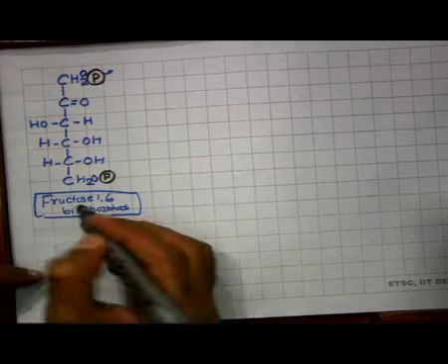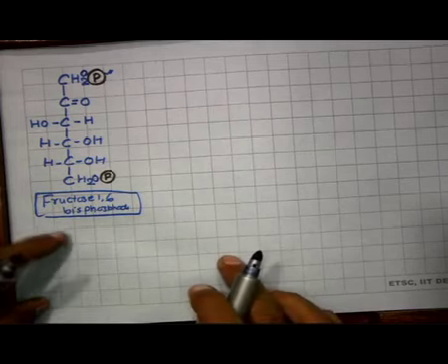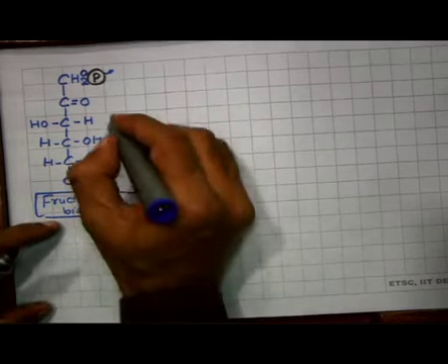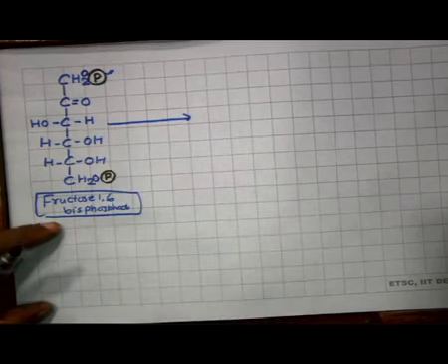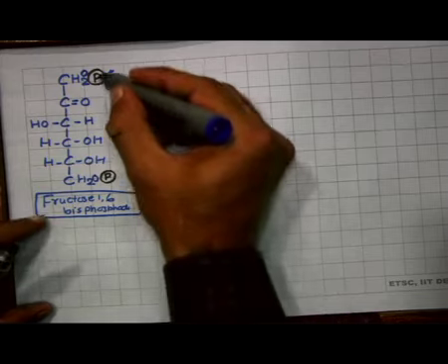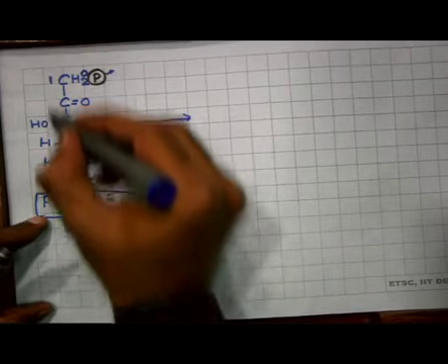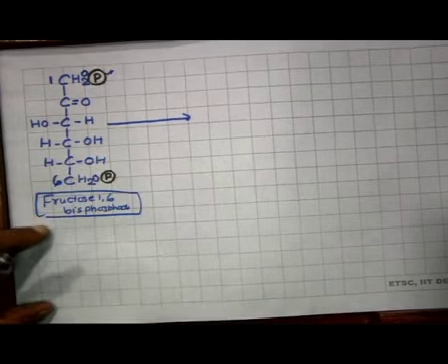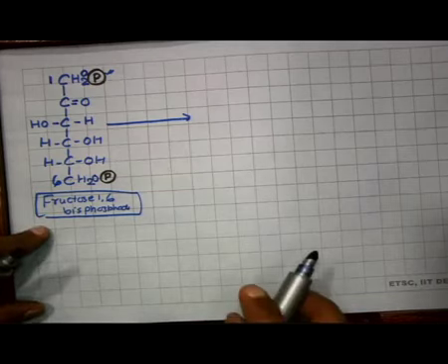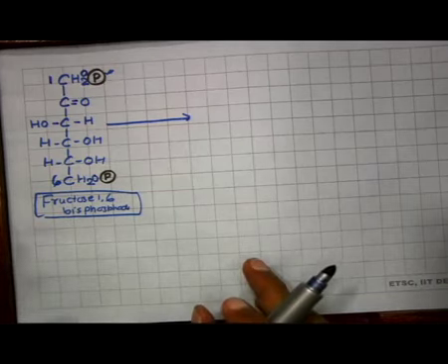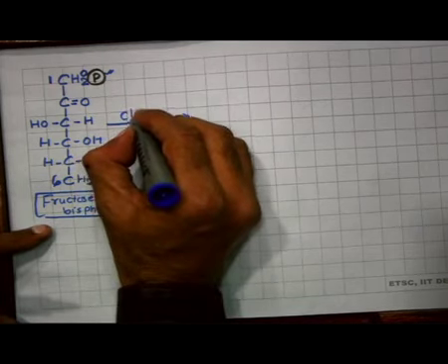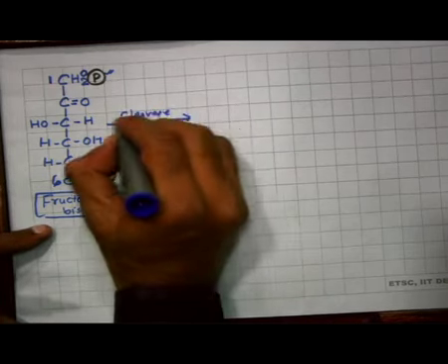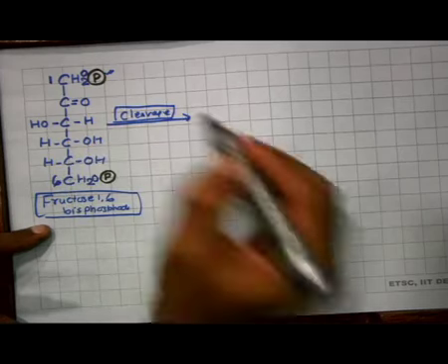By adding and subtracting some molecules, we can easily write down the formula of every step. Here the first and sixth carbons have a phosphate group. Now, I have already discussed the next step is cleavage. Cleavage means breakdown.